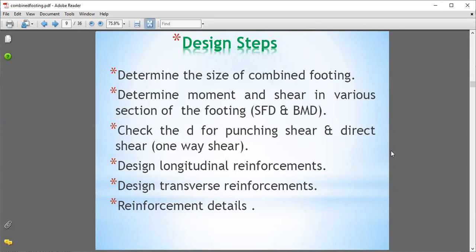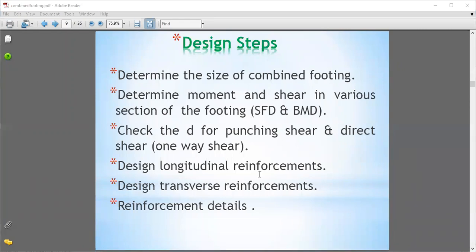If we know the safe bearing capacity, then we have to calculate the cross-section area of the footing. Based on the load and the area, we have to calculate the Ast for the longitudinal reinforcement and the transverse reinforcement. All these design steps we have to complete.